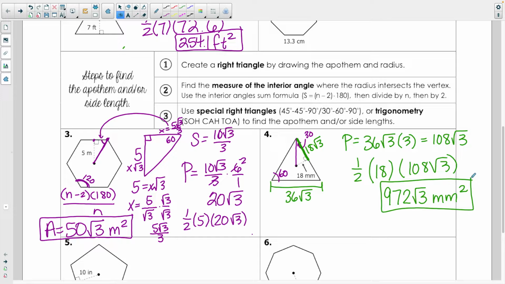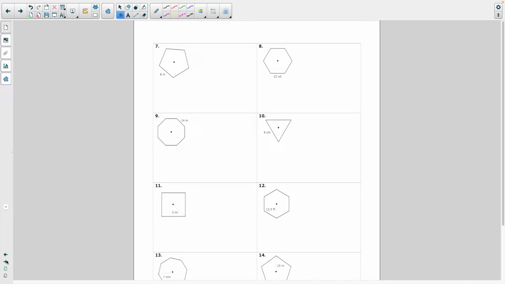But what is the difference on 8 that you're looking at on your paper and number 3 that we did? You have the side length. You don't have the apothem. Okay? So we're going to do the exact same way. You're just looking for a different piece of the puzzle. Okay? So number 8, we'll get you started, and then you're going to work it on your own.